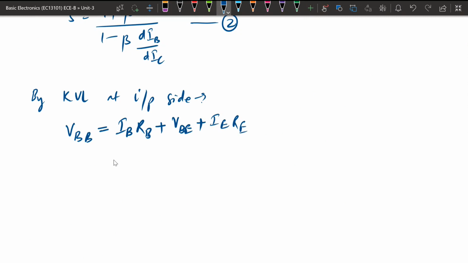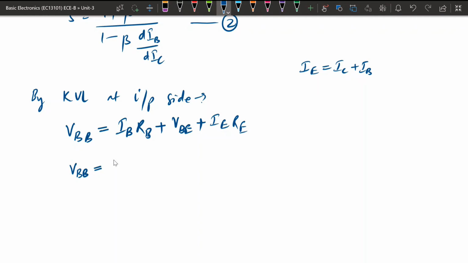So this will be the input side. From there we can write VBB equals IB RB plus VBE plus IE RE. Now we know IE is equal to IC plus IB, by using KCL at the junction of the three terminals of the BJT.